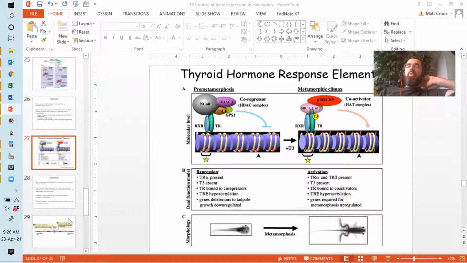Okay, so this is all really about control of transcription, right? So as you can see, there are many, many ways in which you can do that. All the way from the type of chromatin that you have, right?